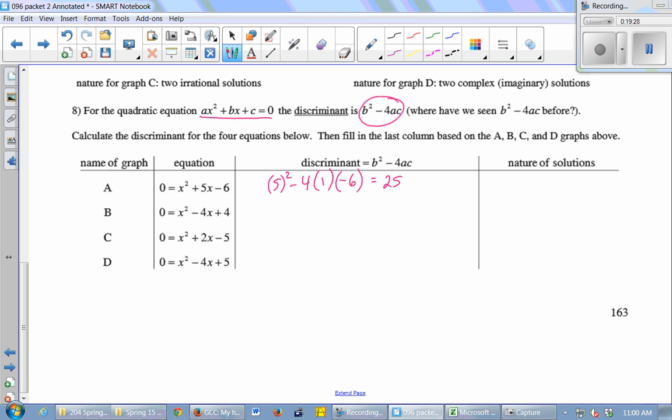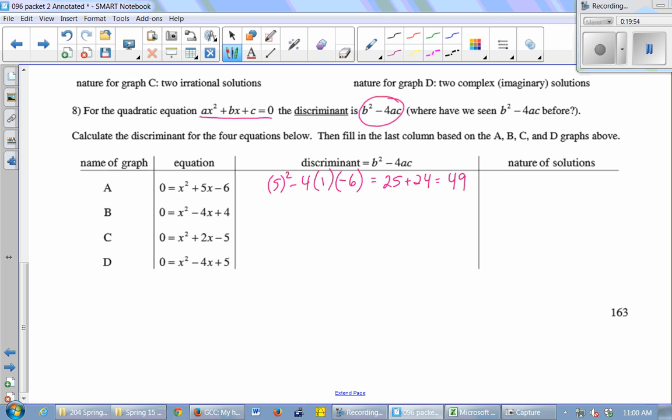And I have -4 times 1 times -6 plus 24. Negative and a negative makes plus 24. So that comes out to 49. So the number under the square root is 49, right? It's a positive number. And what's the square root of 49? 7. So it's a positive number and it's a perfect square.